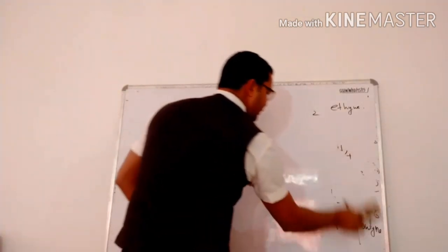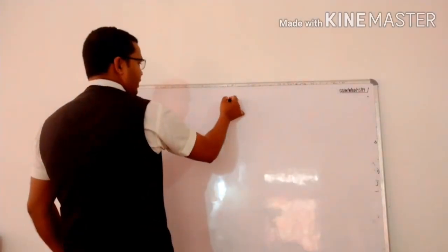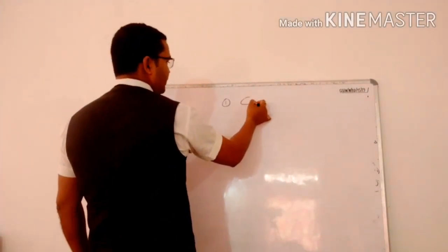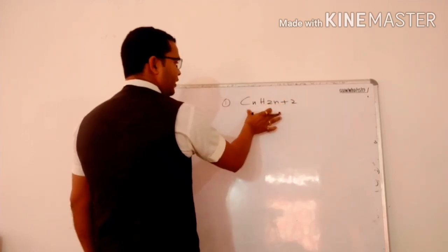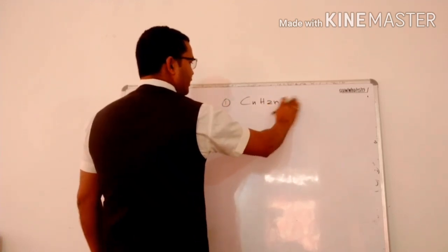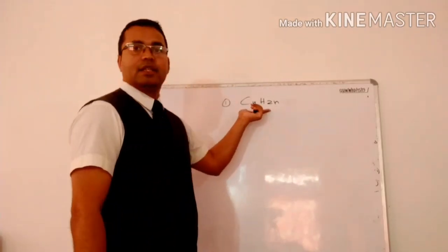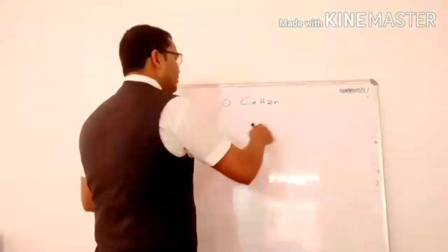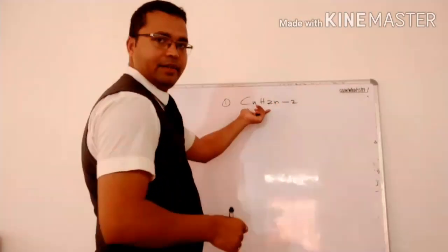So regarding alkyne, you have to remember some important points. Number 1 is the general formula. CnH2n plus 2 was for alkane. If 2 is removed, then the formula is for alkene, and for alkyne we have to subtract 2. This is the general formula of alkyne.